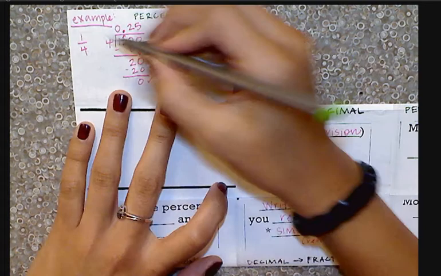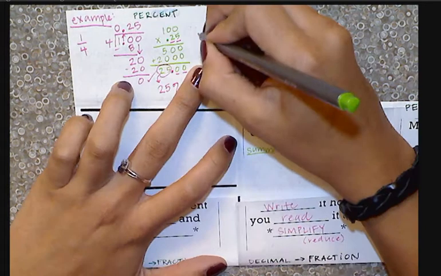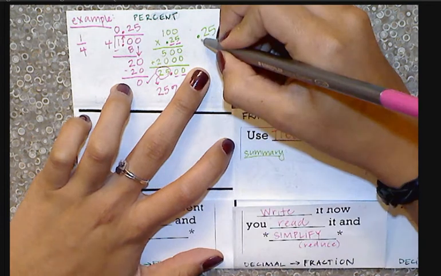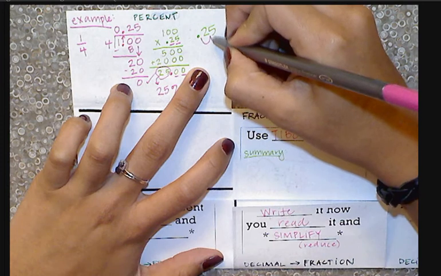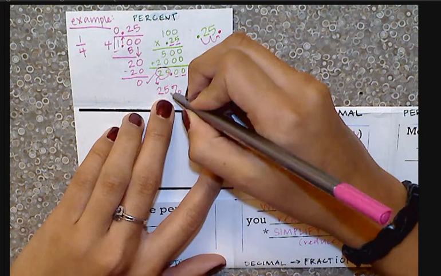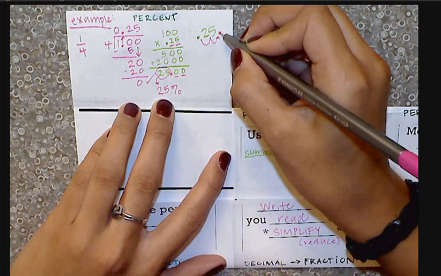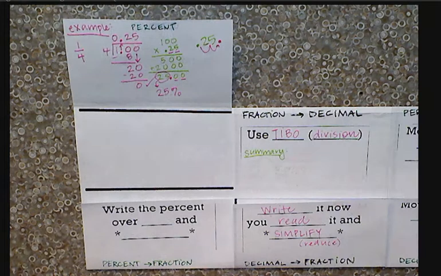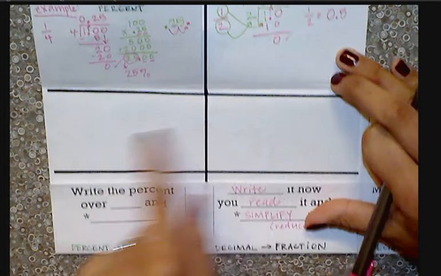So if we got our original 0.25 that we got after Tybo, and I moved the decimal point 2 places to the right, 1, 2, I would get the same answer, okay? Because 25 with the decimal is the same thing as just 25 wholes, okay? Now notice that as I'm writing these notes, I'm not writing anything in the center part. We're going to save that for later, all right?